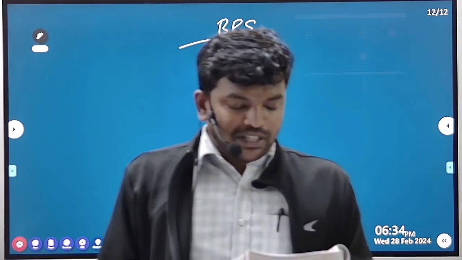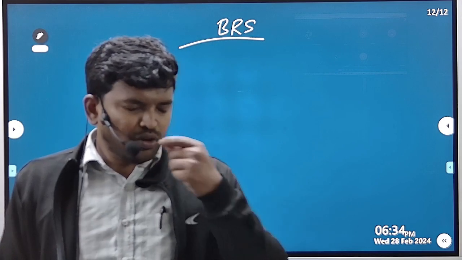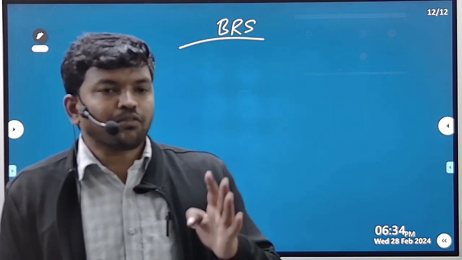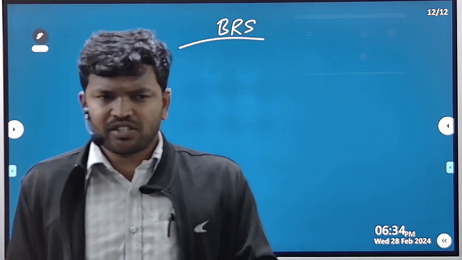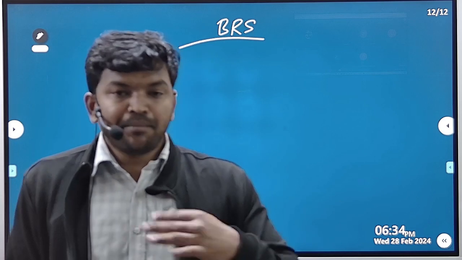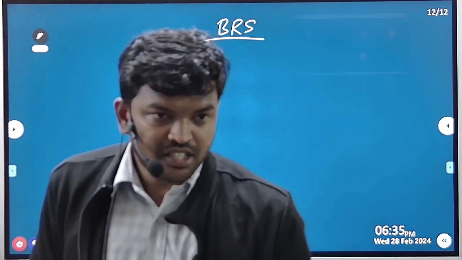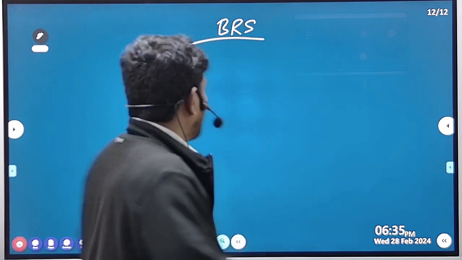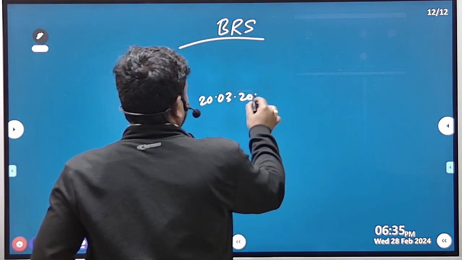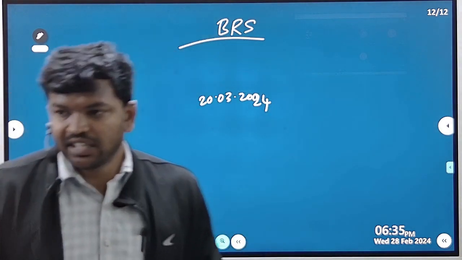Check issued but not presented at the bank. Example, on 20th March 2024, I purchased some goods. I made the payment by check, not cash.